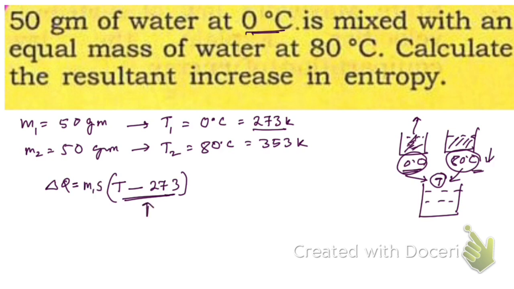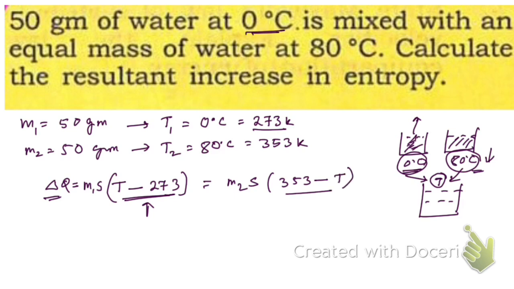We know that. Similarly, this heat will be equal to the heat lost to drop its temperature. When the temperature is dropped, then heat is lost. That's why the temperature is dropped. So that is M2, mass of water, specific heat of water, then 353, this temperature is dropped to T.